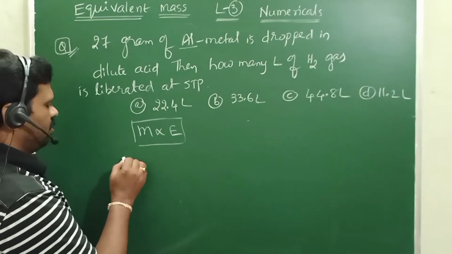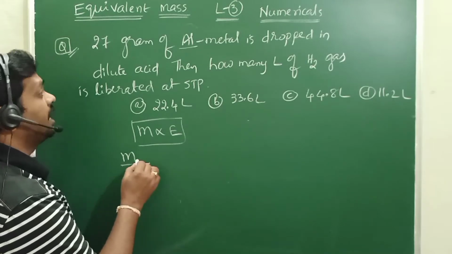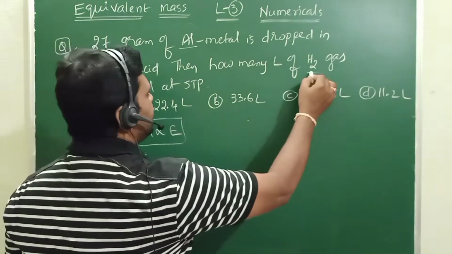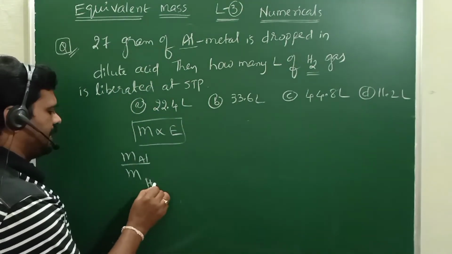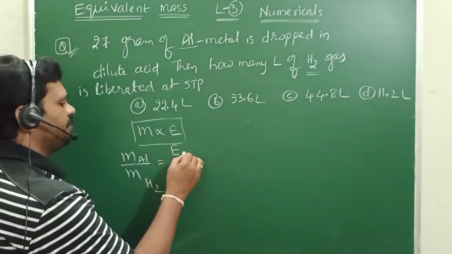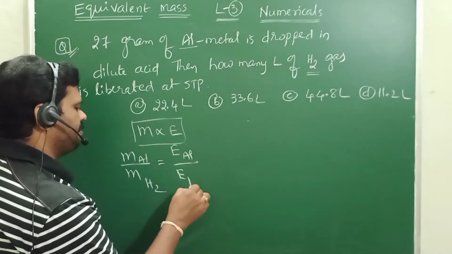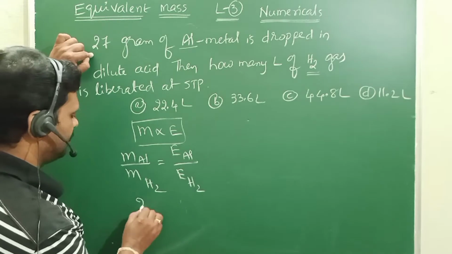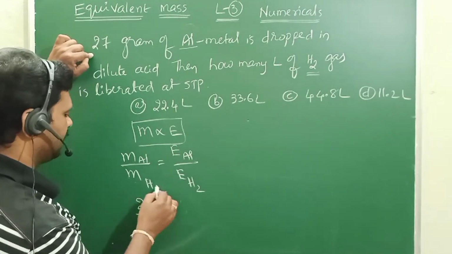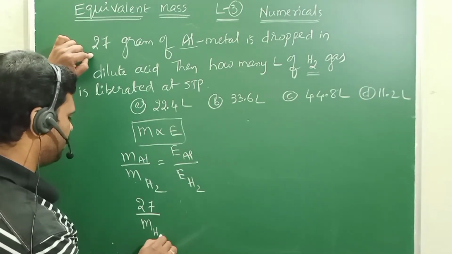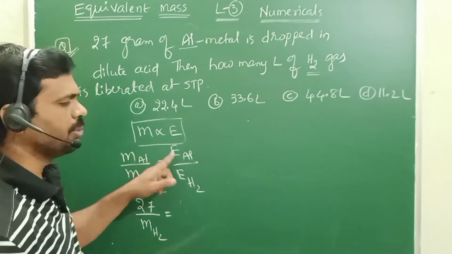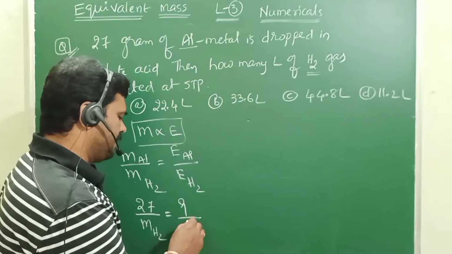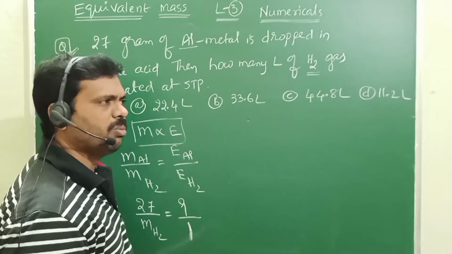So mass of aluminium divided by mass of the second component, hydrogen, is equal to equivalent mass of aluminium divided by equivalent mass of hydrogen. So mass of aluminium is 27 grams, divided by mass of hydrogen, which we have to calculate, equals equivalent mass of aluminium, 9, divided by equivalent mass of hydrogen, 1.